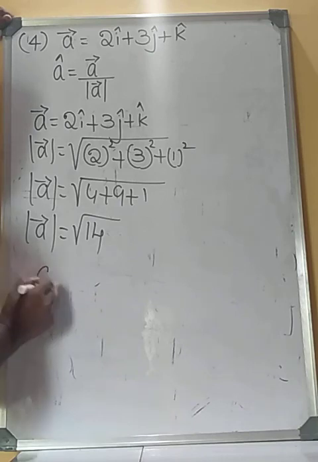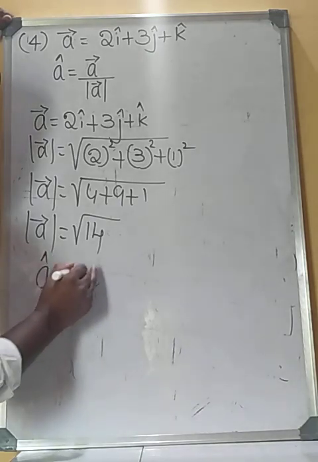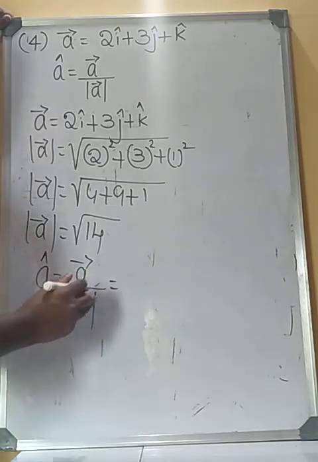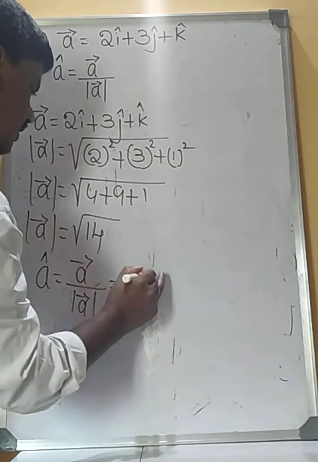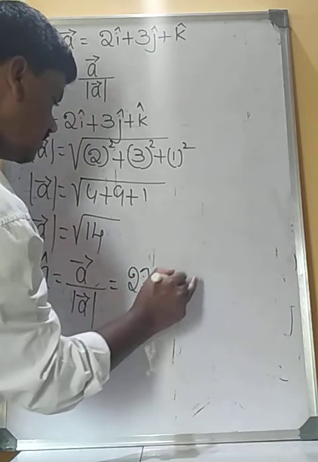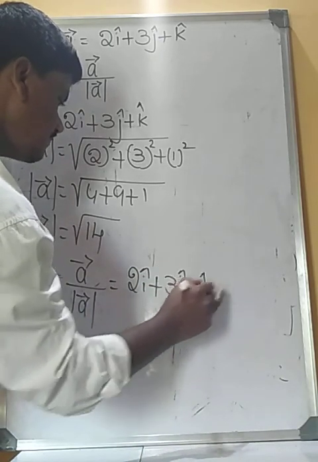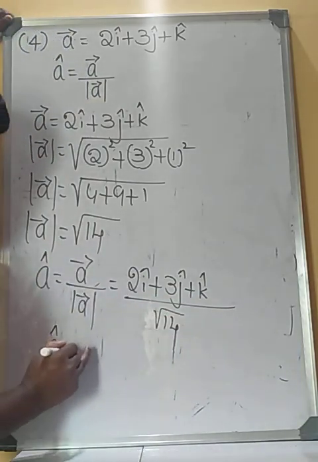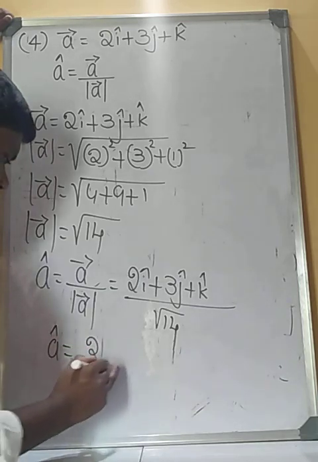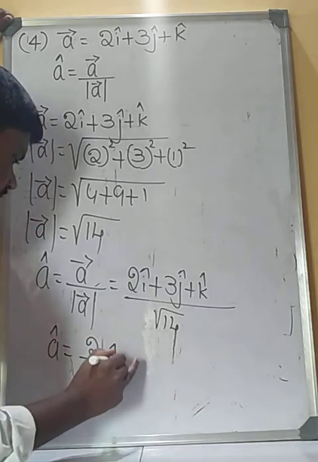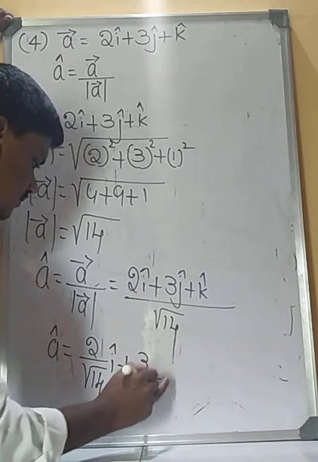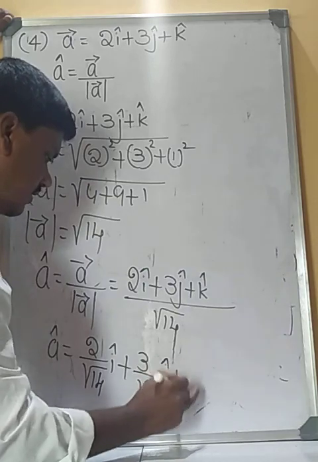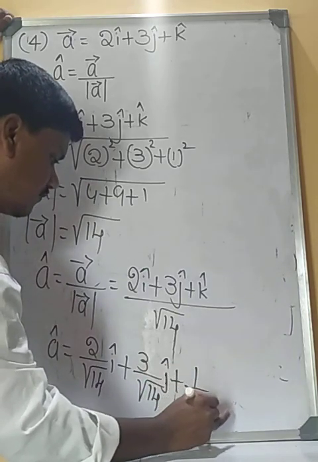So the unit vector A cap is A vector by the magnitude of A vector, that is 2i plus 3j plus k dividing by root 14. Therefore A cap is equal to 2 by root 14 i plus 3 by root 14 j plus 1 by root 14 k.